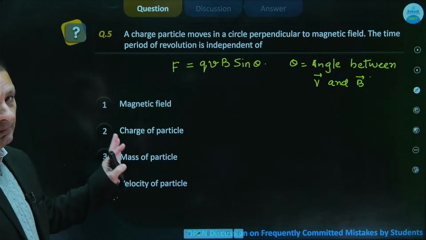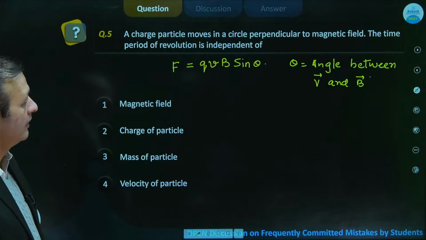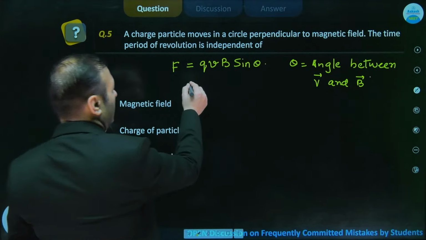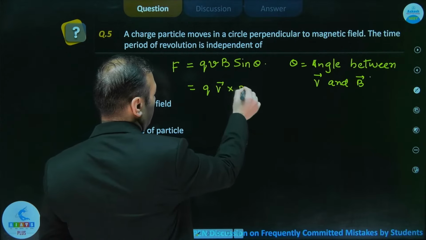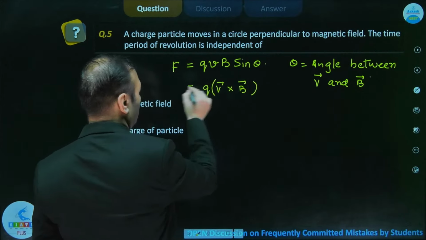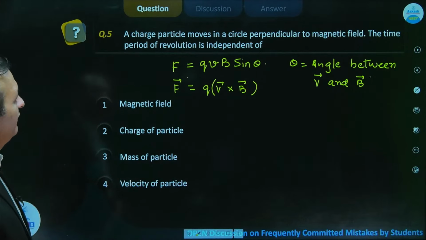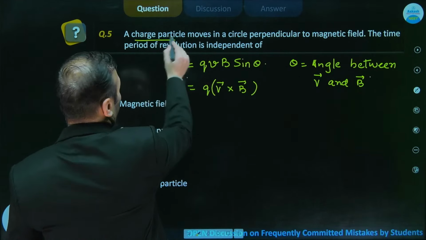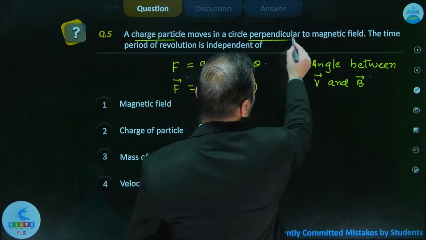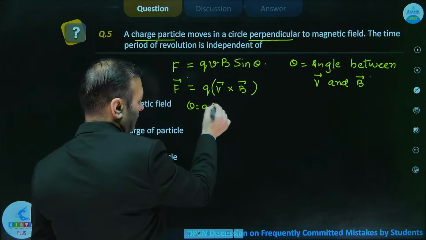So this is the prime concept you have. This can also be written as Q V cross B in vector form. Now first a charged particle is there. It enters perpendicular, so theta is 90 degrees.